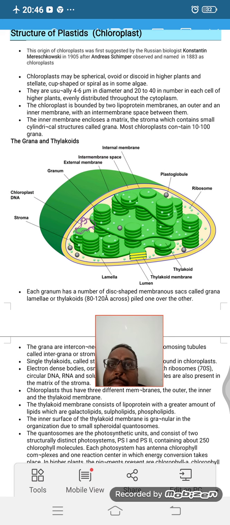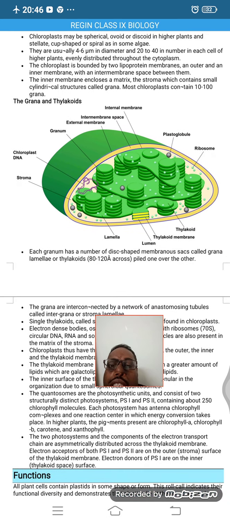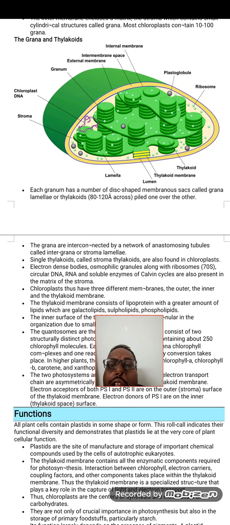Inside that we have cylindrical structures known as grana, and there are around 10 to 60, or 10 to 100 grana present. Each granum is discoid in shape and has thylakoid membranes arranged like a pile. Inside the thylakoid membranes the chlorophyll is present, and the chlorophyll is responsible for absorbing sunlight.